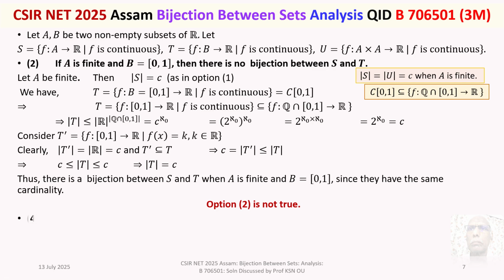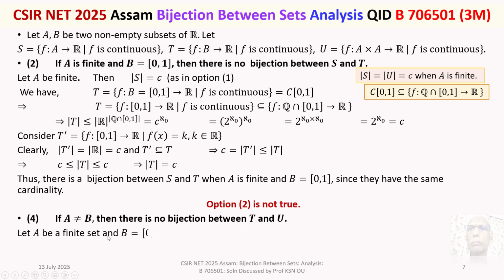Now, go on to option 4: if A is not equal to B, then there is no bijection between T and U. Let's see. Let A be finite and B be [0,1].